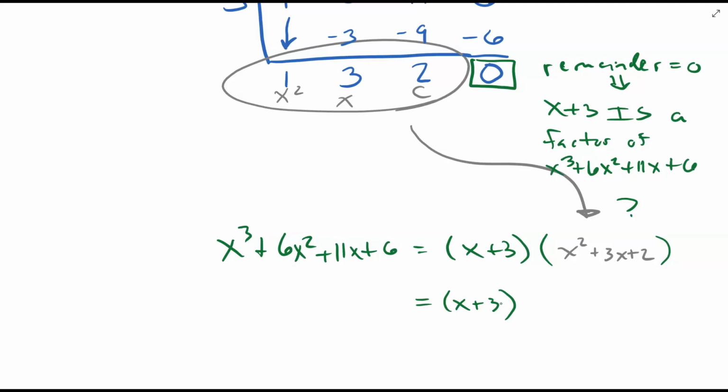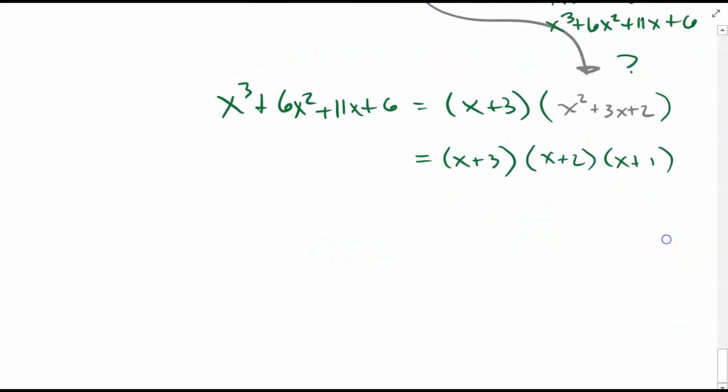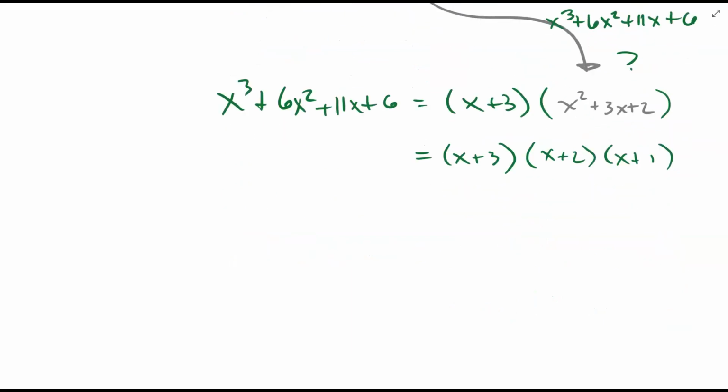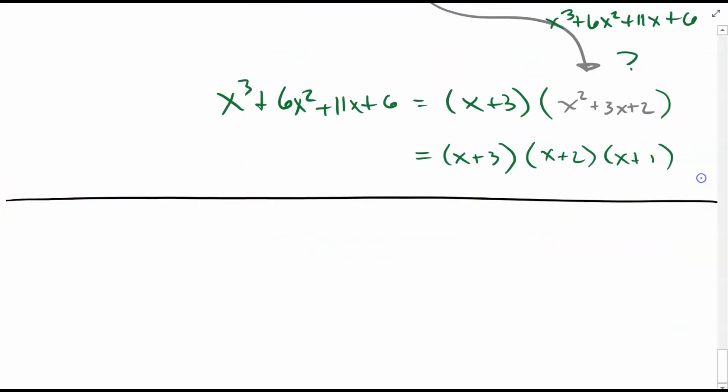Those two numbers are 1 and 2, right? 1 times 2 is 2. 1 plus 2 is 3. And look, it's factored. So, kind of another way of asking this same problem.